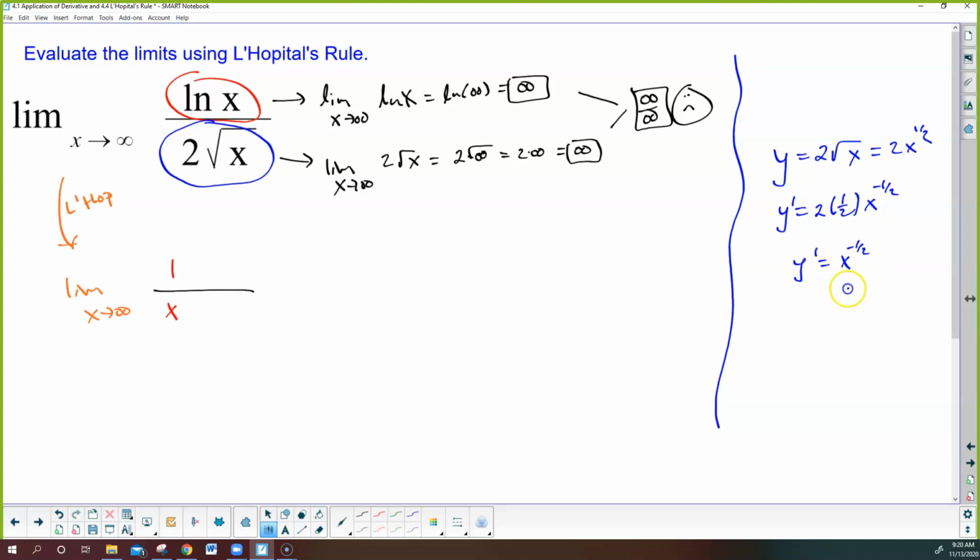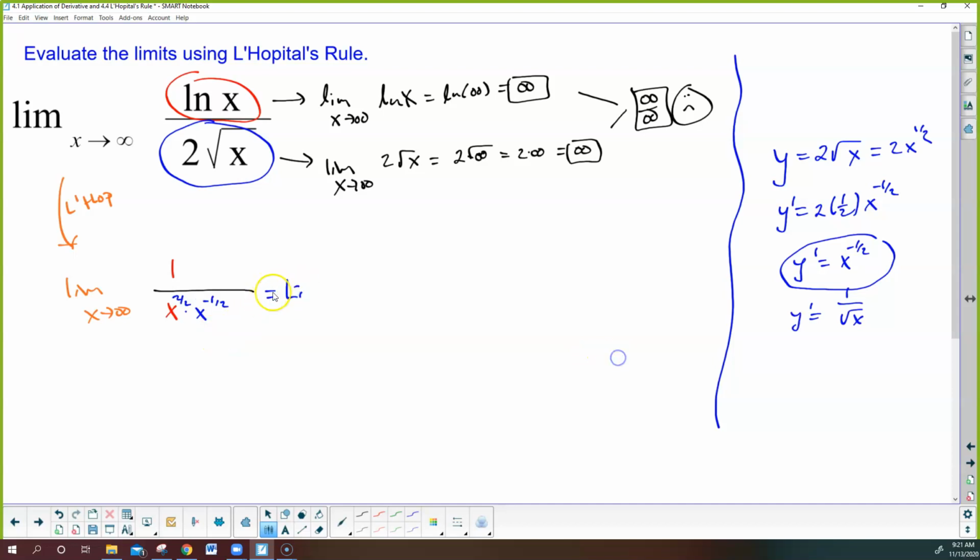Now I could rewrite this as 1 over the square root of x as well, which is fine. But actually it's going to be better just to write it like this. So it's better to take this piece. Now, here's why. This is x to the first power, which I could write 2 over 2.